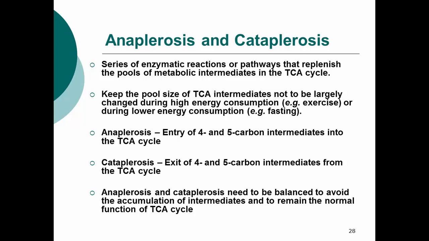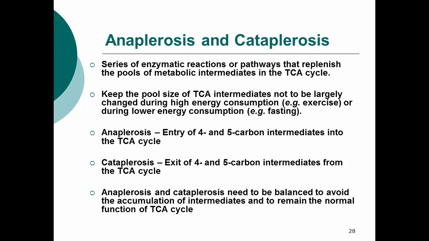So in order to maintain the TCA cycle functioning, there are two processes called anaplerosis and cataplerosis that can either add more substrate to the TCA cycle to replenish the intermediates, or remove some intermediates if they accumulate, right?